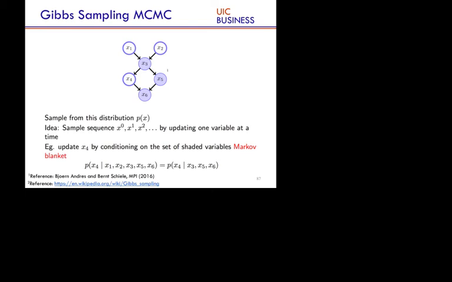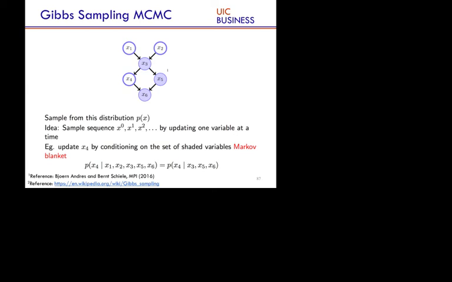Because if I draw a sample from this distribution, I get a vector which has 6 coordinates. At every time step, I get a 6-dimensional realization. I'm representing it as x0 with a 0 at the superscript, just to differentiate it from the subscripts, which represent the random variables themselves.